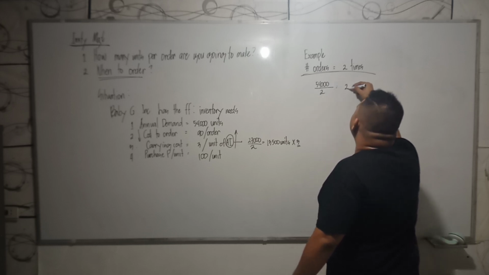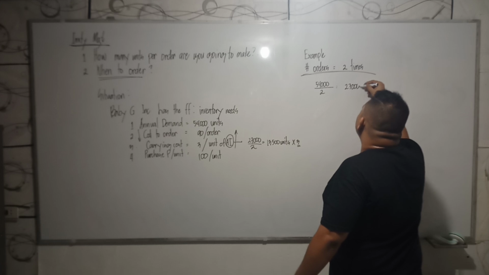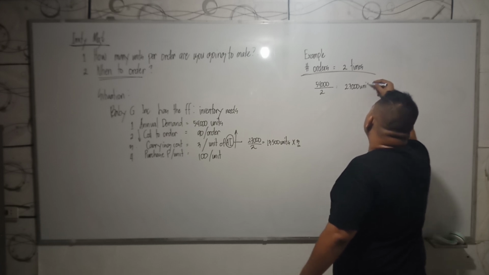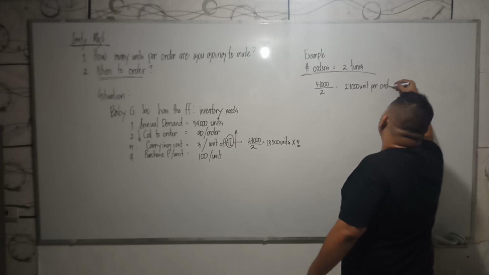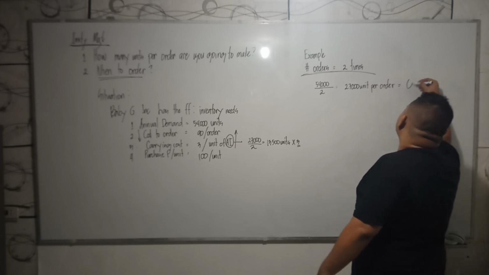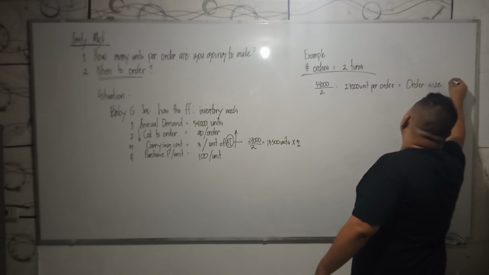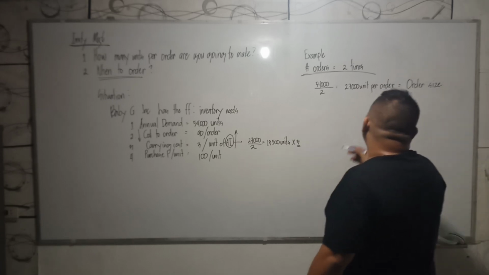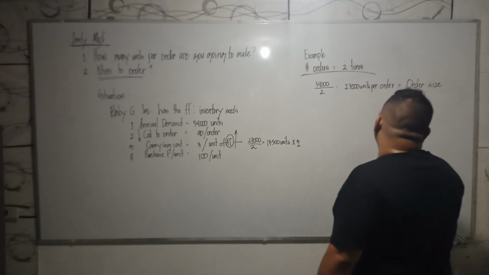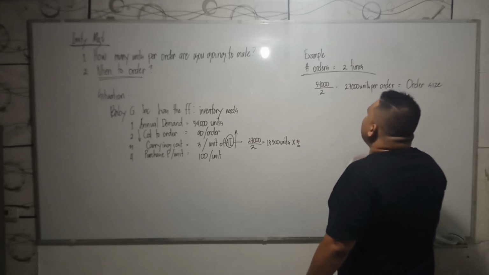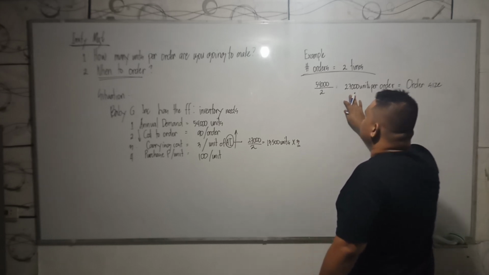You have 27,000 units per order. Technically, this is known as the order size. The order size. Okay? 27,000 units per order.